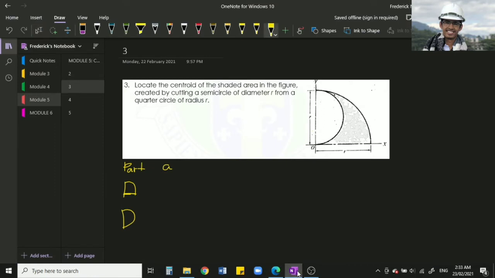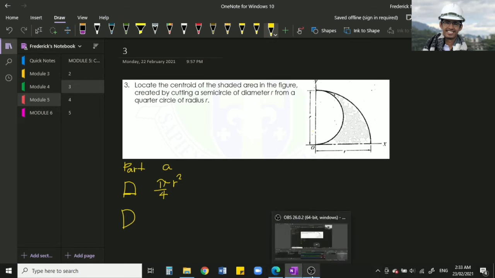So ulitin natin. So that will be pi over 4 r squared. Okay. And yung area ng ating semicircle, so that will be negative.